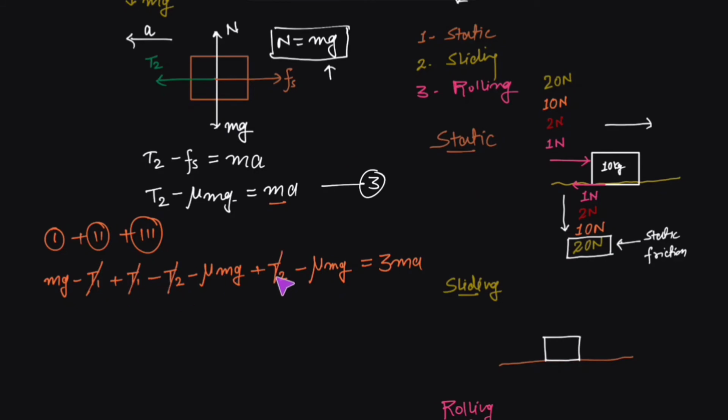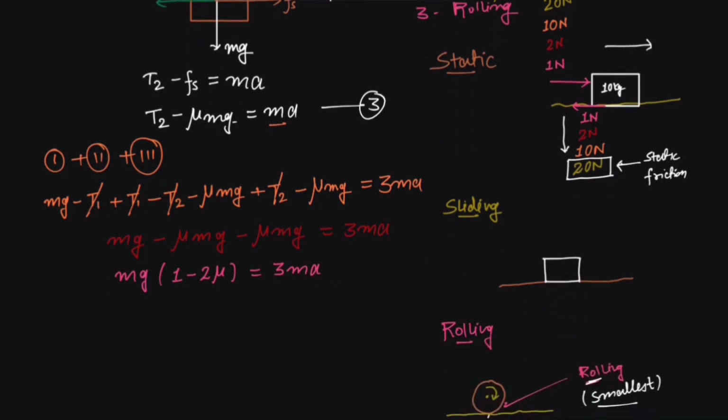To the left side we are left with mg minus mu mg, 2 times, equal to 3ma. So we take mg outside, this becomes mg times (1 minus 2 mu) equal to 3ma. m cancels m, so a is equal to g times (1 minus 2 mu) upon 3. This is the answer.